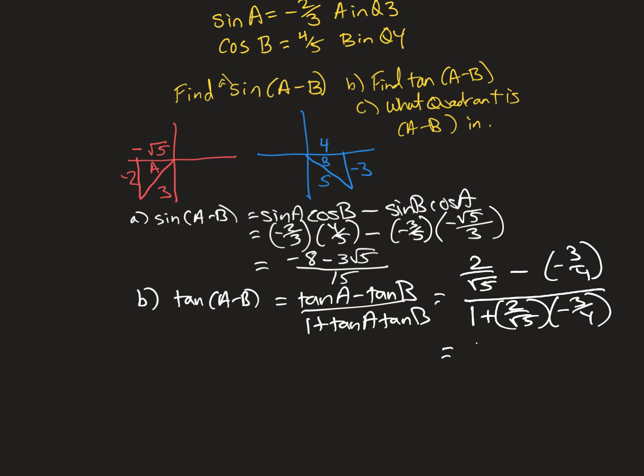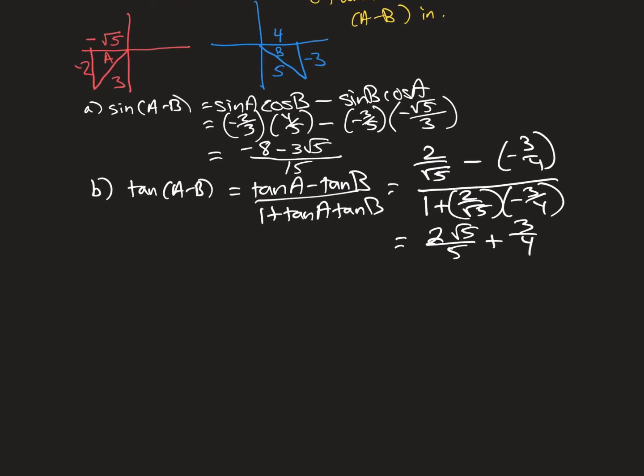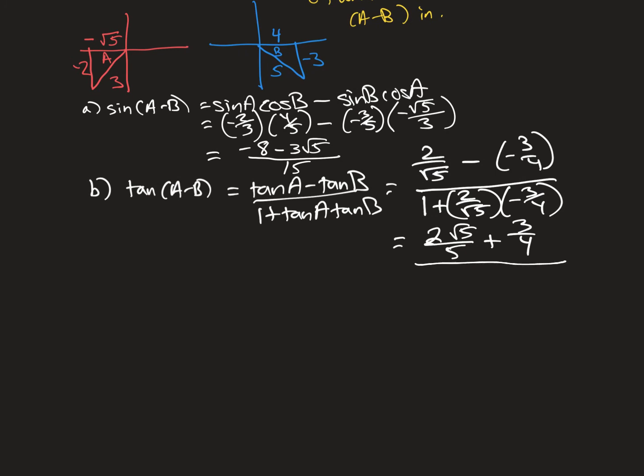So I'm going to do it like this. I'm going to say 2√5/5 plus 3/4, and then I'm going to divide that by 1 plus -6 root 5 over 5 times 4, which is 20.